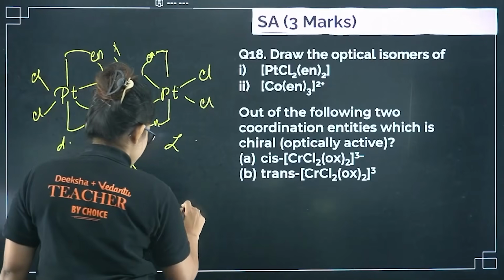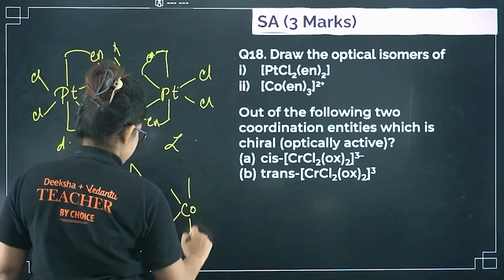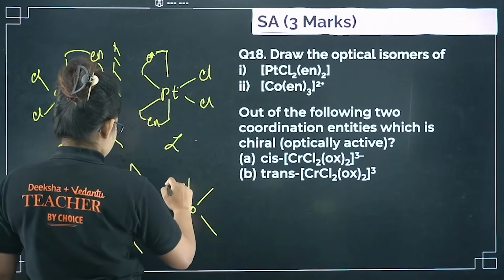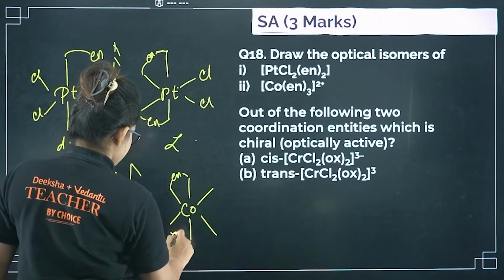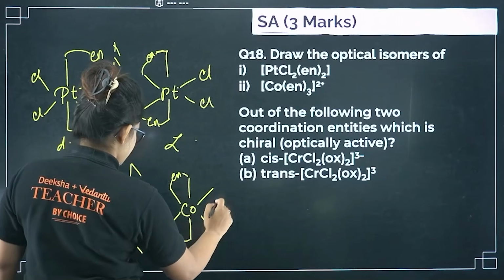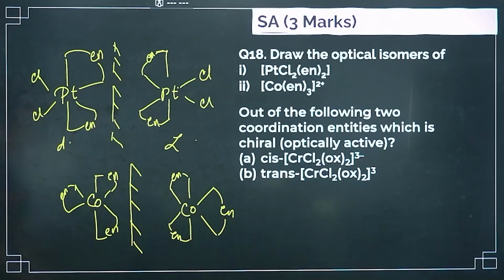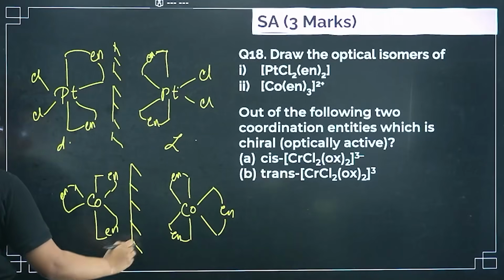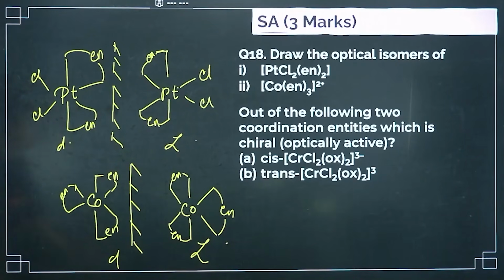Co, here I can place 1 here, 1 here, and 1 on the plane itself. So here also you can get 1 D and another 1 L. I guess these are clear to you.